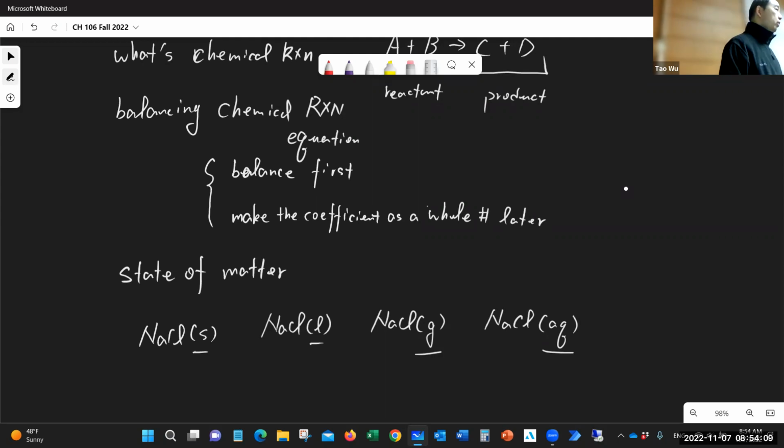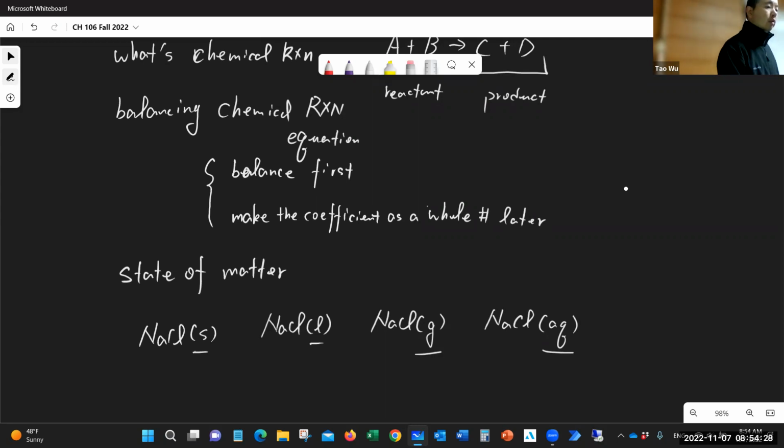Solid means it's just a solid sodium chloride crystal. The liquid is talking about this compound experiencing a very high temperature, so the sodium chloride melts from solid to liquid.